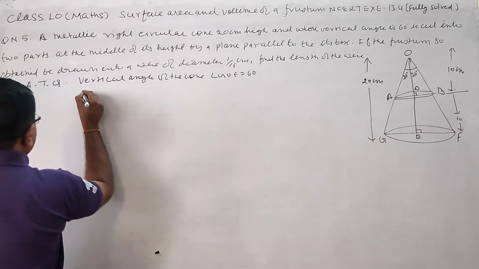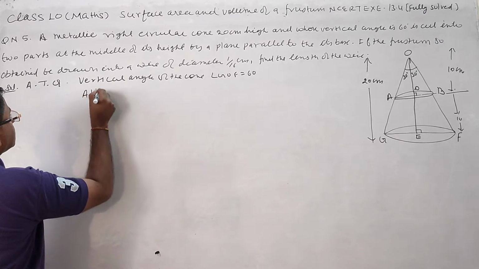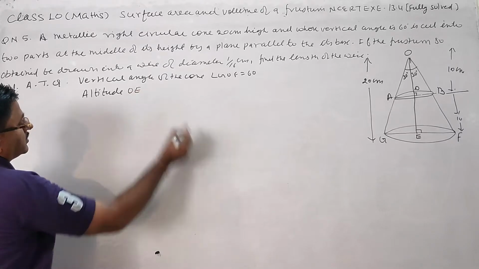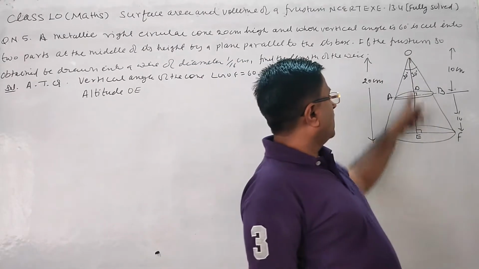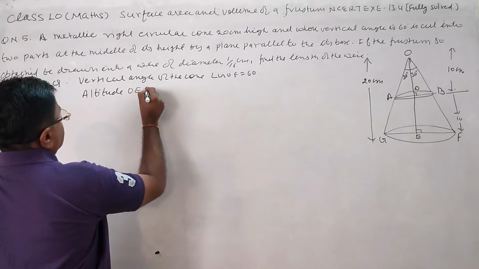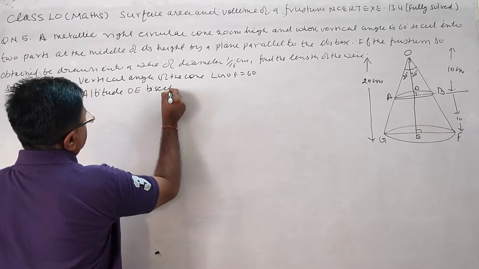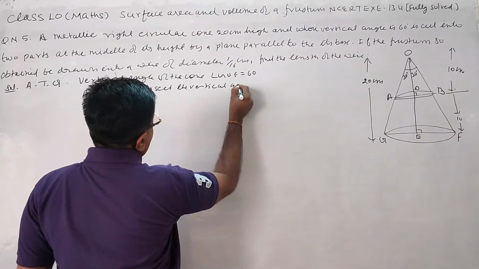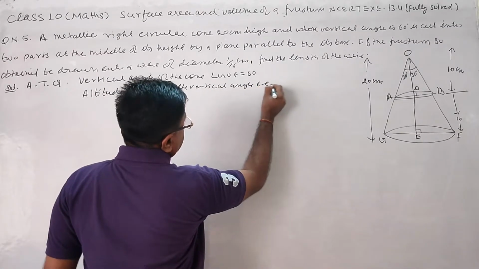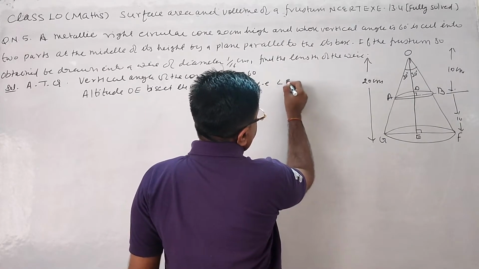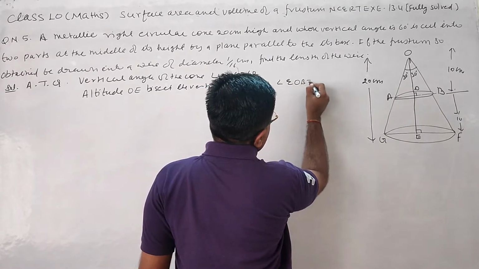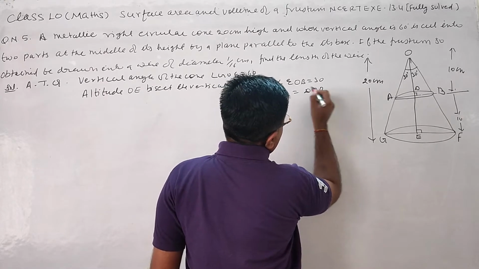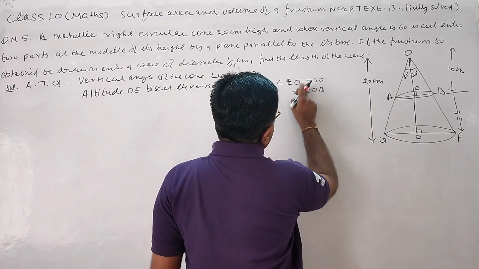The altitude OE bisects the vertical angle, that is, angle EOB is equal to 30 degree, or you may call it DOB, or EOF.